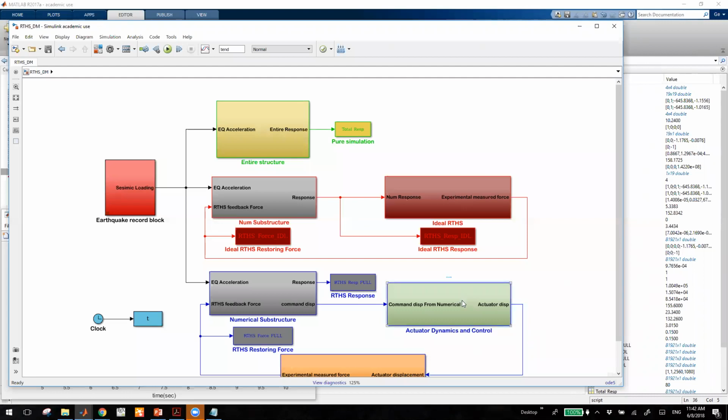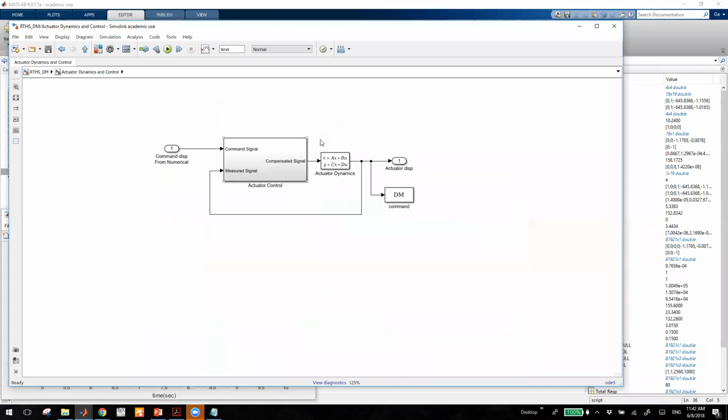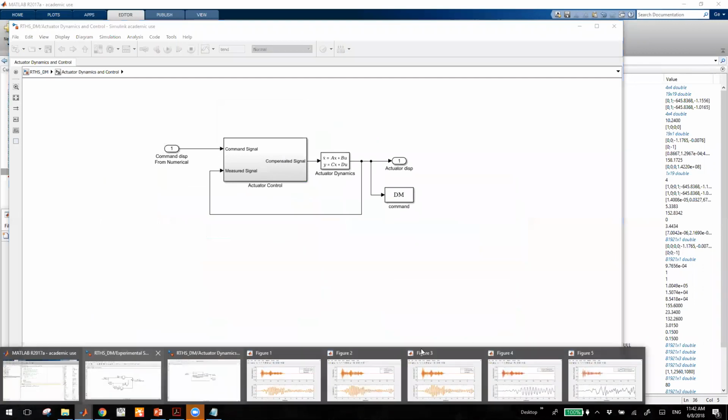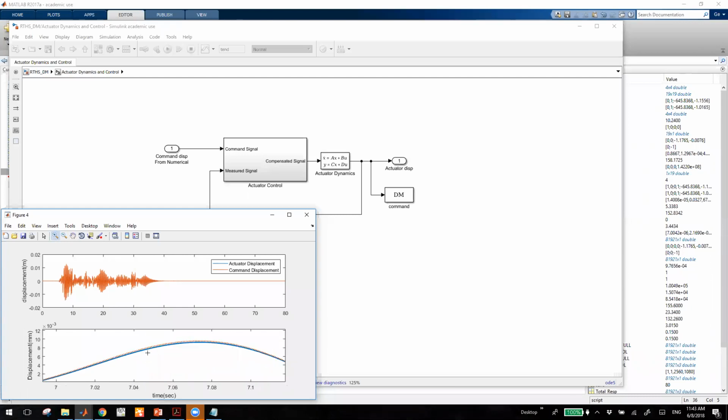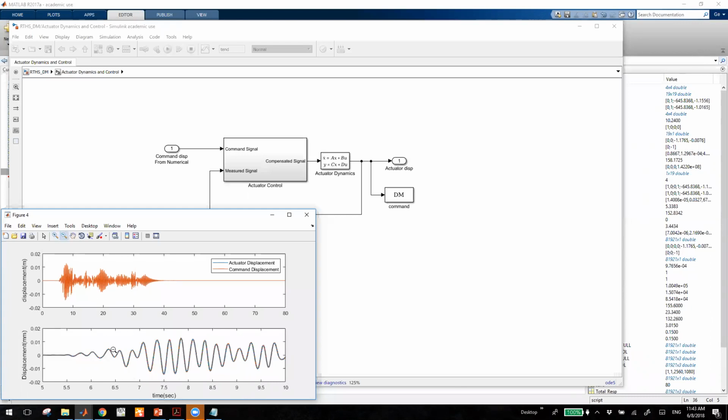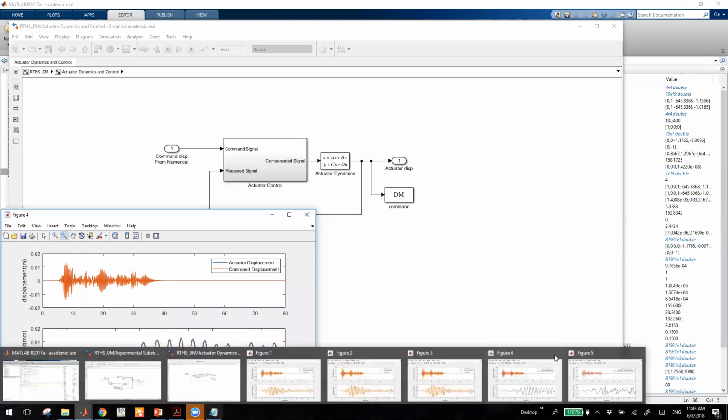You can try removing the actuator control loop and just running the command through the actuator dynamics, and then you will see the delay between the 2 signals is quite significant. Figure 4 just shows how our result looks after we add the compensation method. If you look very closely at the signals, they still have a slight discrepancy, but that discrepancy will not affect much in this particular application.